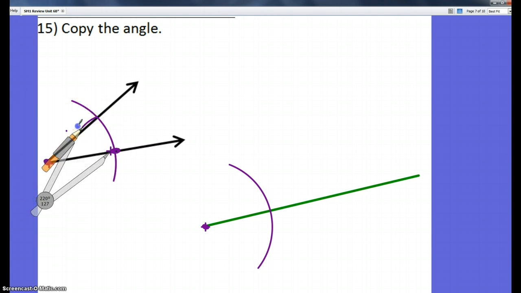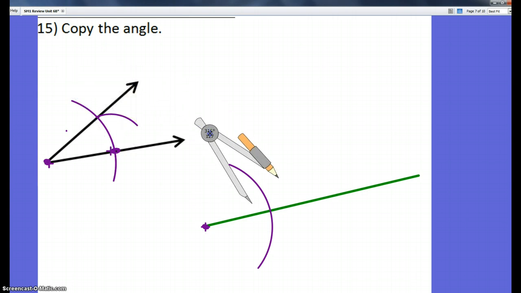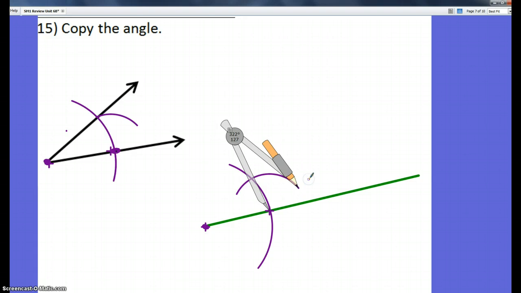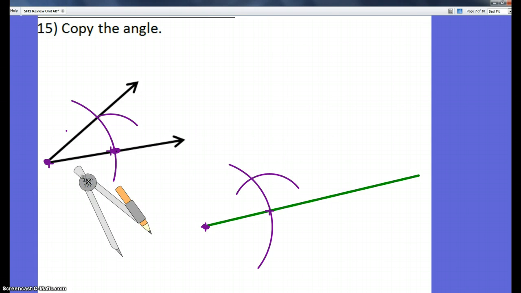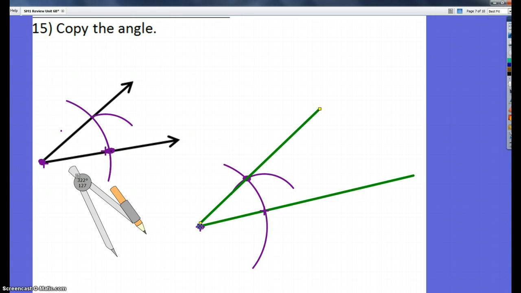We're going to swing it through, and we're going to pick it up, take that same arc, and swing it through. Notice that this point is where I connect. So if I want another straight edge, I would take my straight edge, connect from the center, and that is copying the angle.